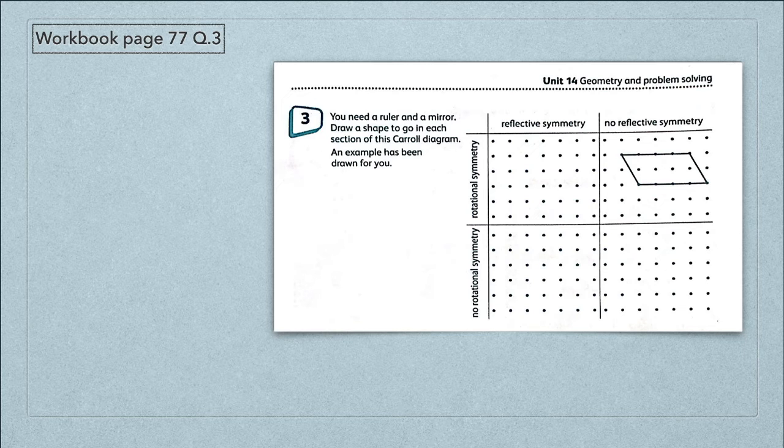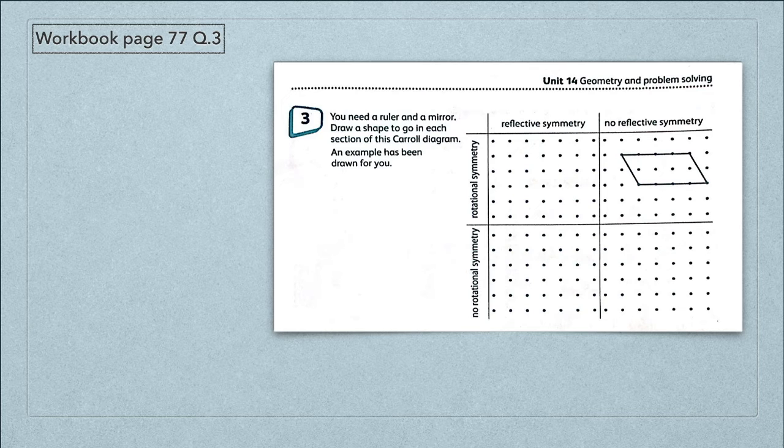For example, the shape that is already drawn in the book needs to have rotational symmetry only, but no reflective symmetry. Just as a guide, if we talk about the bottom right corner, it shouldn't have either rotational symmetry or reflective symmetry.